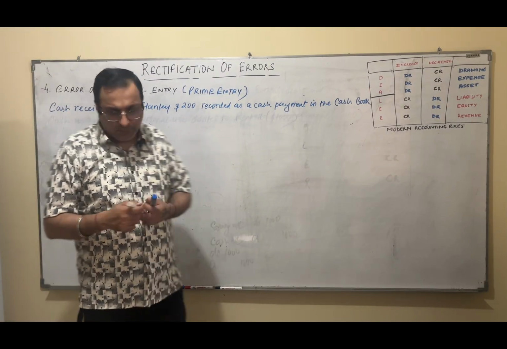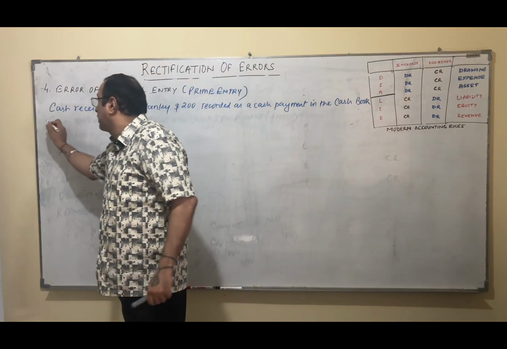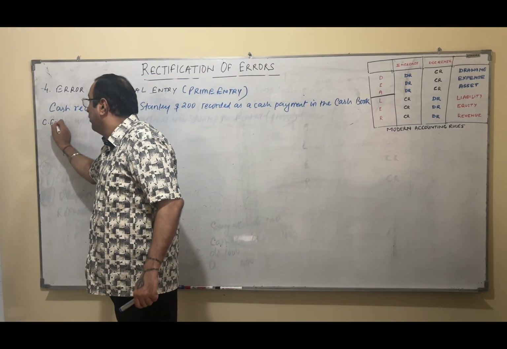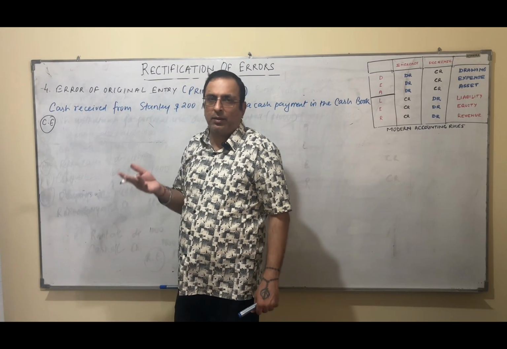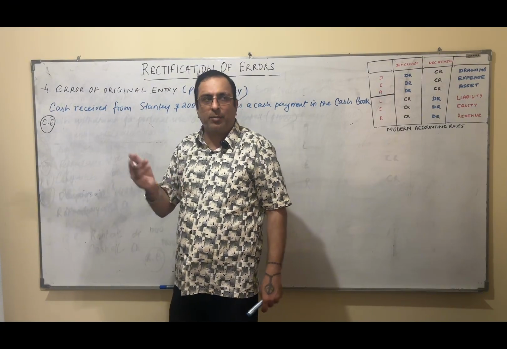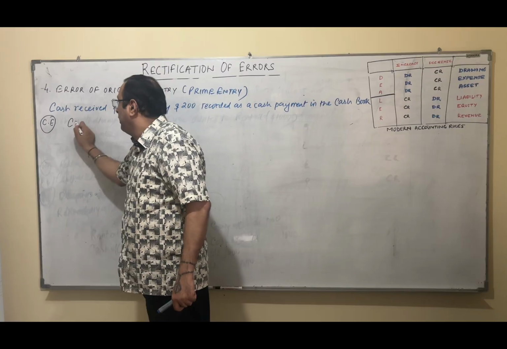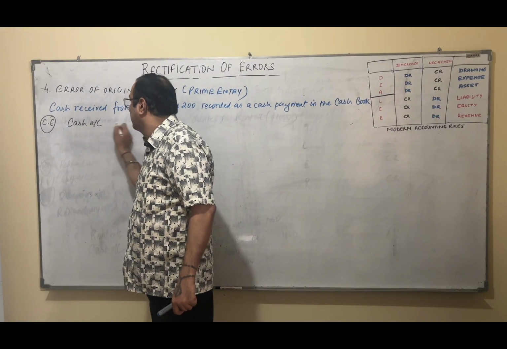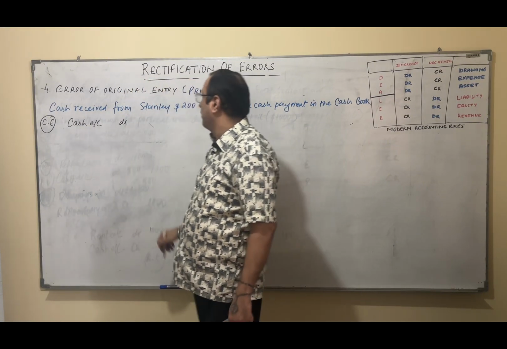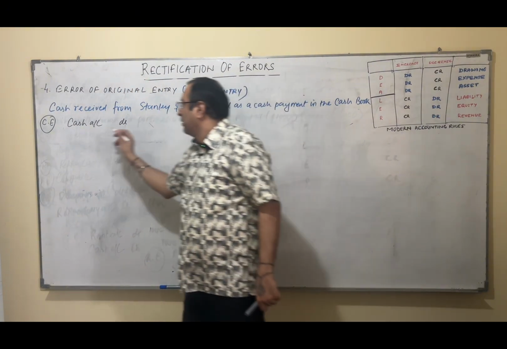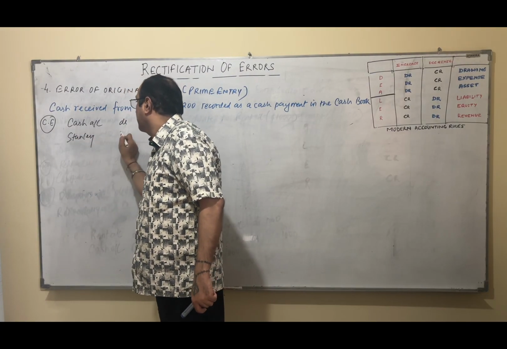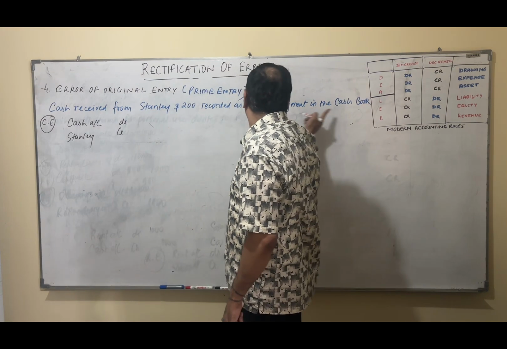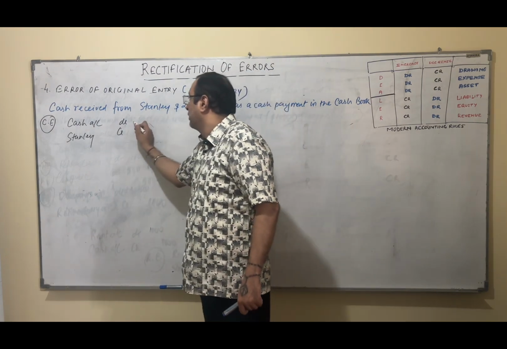To rectify this, what will we do? We know the correct entry. When we receive cash, cash increases, right? Asset increase, debit. So the entry will be cash account debit. Who is the giver? Stanley. Stanley should be the credit. And the amount is 200.